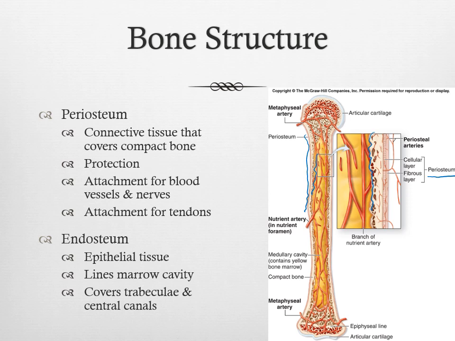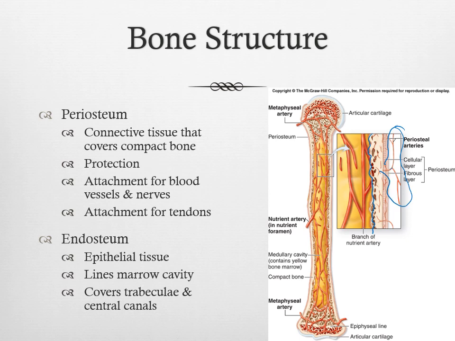Endosteum tends to line the inside of our long bones here. And so as it lines the inside of the medullary cavity here, it provides for the protection that it needs on the inside. On the outside, the periosteum is going to do things like hold down blood vessels.